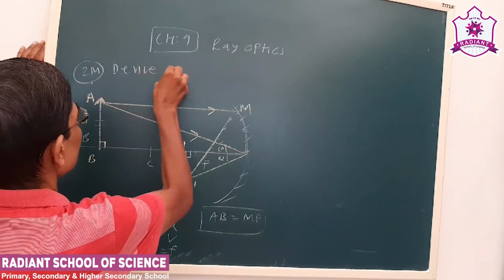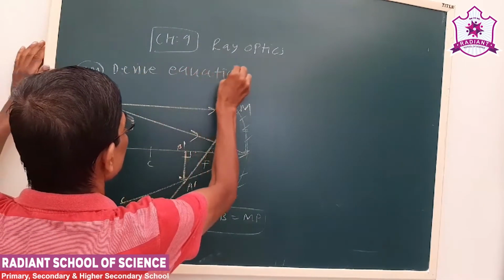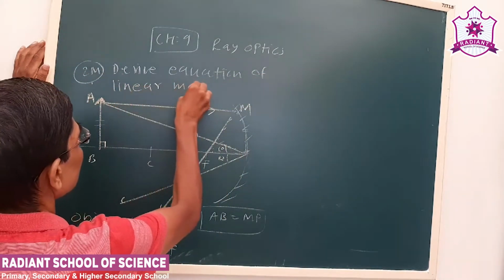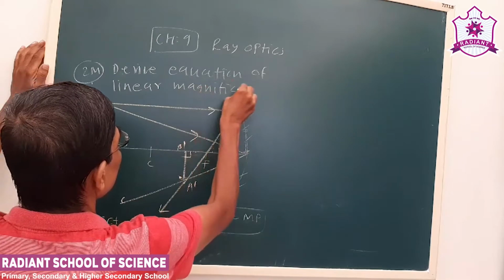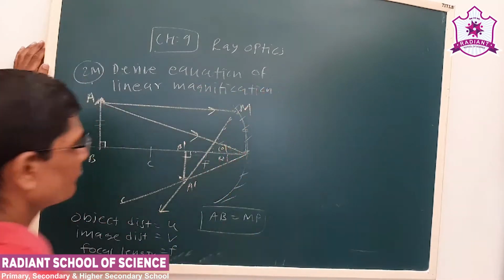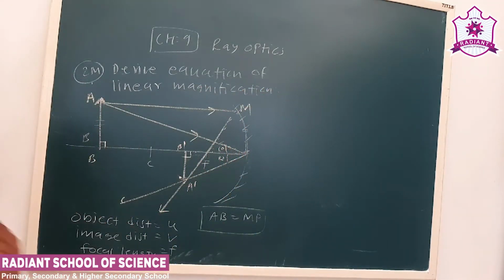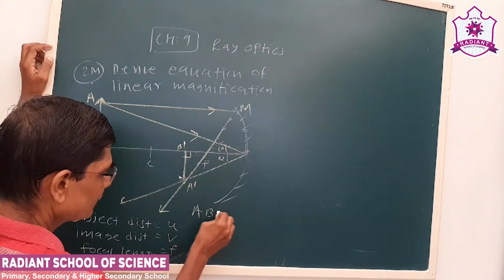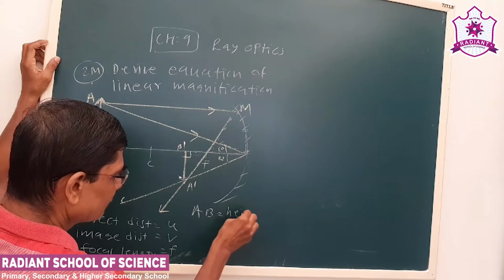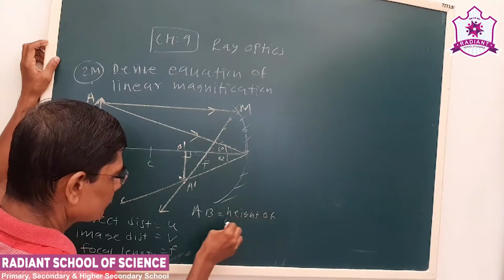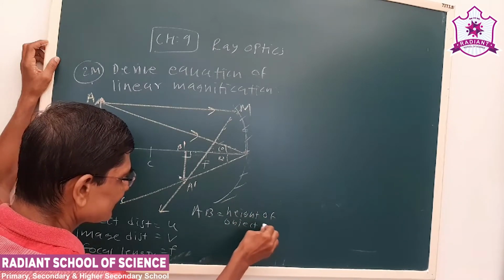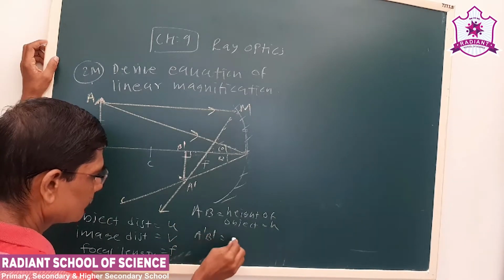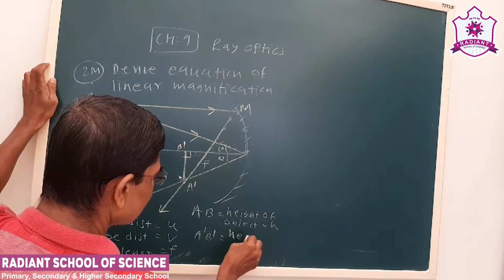First we see what is linear magnification. Here, AB is the height of the object, that is H, and A dash B dash is the height of the image.